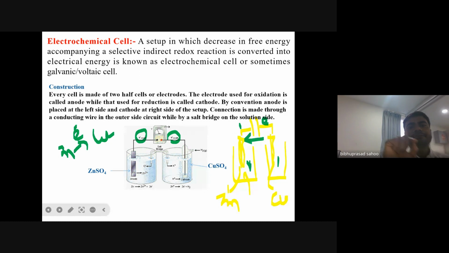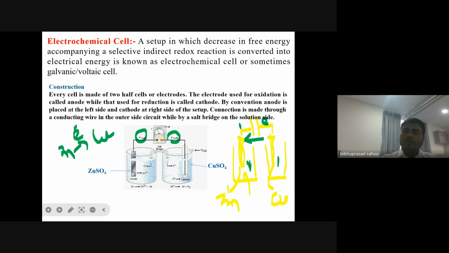So first of all, what you will remember from this slide: every electrochemical cell is made up of two electrodes, one is cathode, another is anode. By sign convention, cathode is placed on the right side and anode is always placed on the left side.